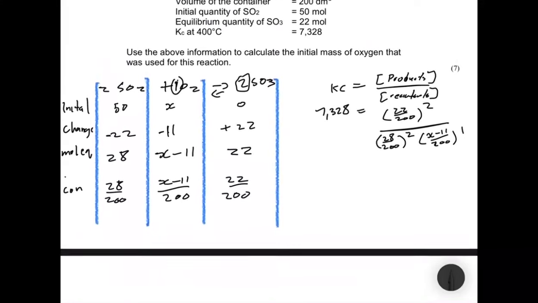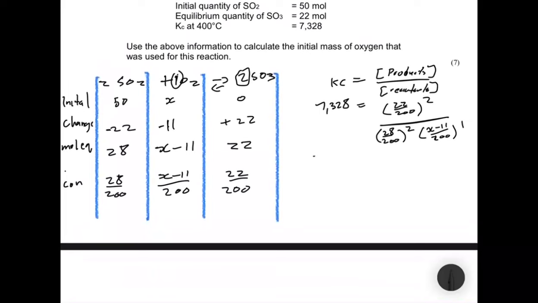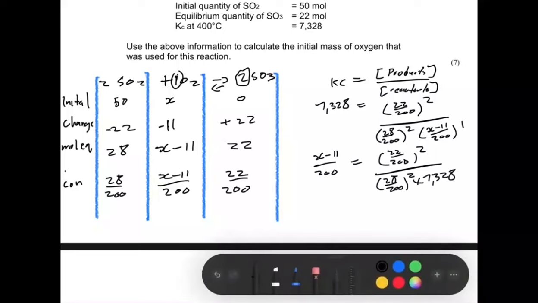How are we gonna do that? What we can do here, we can say that x minus 11 divided by 200 is equal to 22 divided by 200 squared, divided by 28 divided by 200 squared, multiplied by 7.328, right?